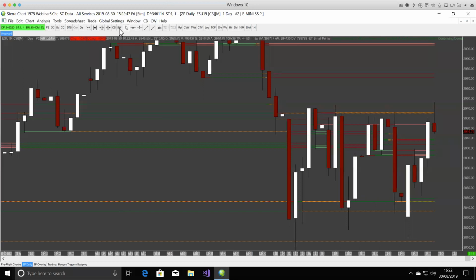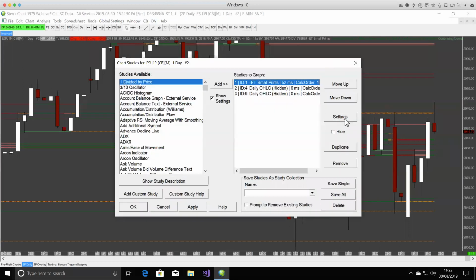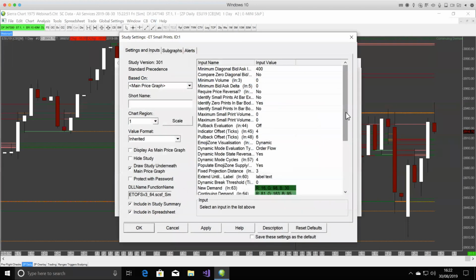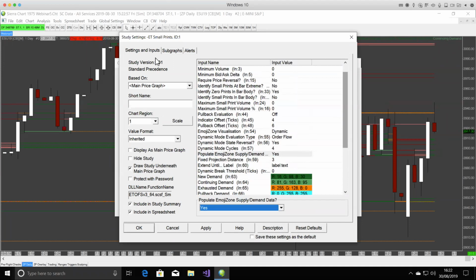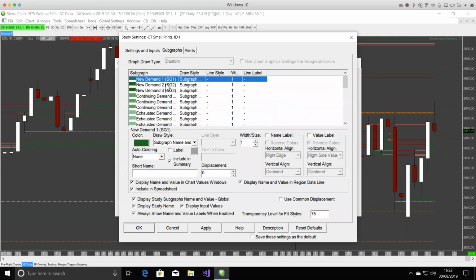What I'm also doing on this chart, and we went through this in more detail last week, is making use of the fact that I can populate the emoji zone data onto the supply-demand subgraphs.